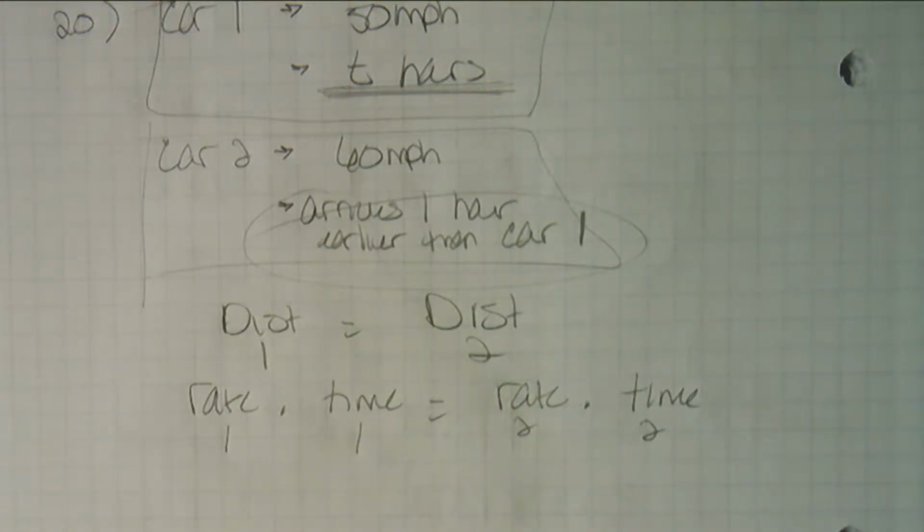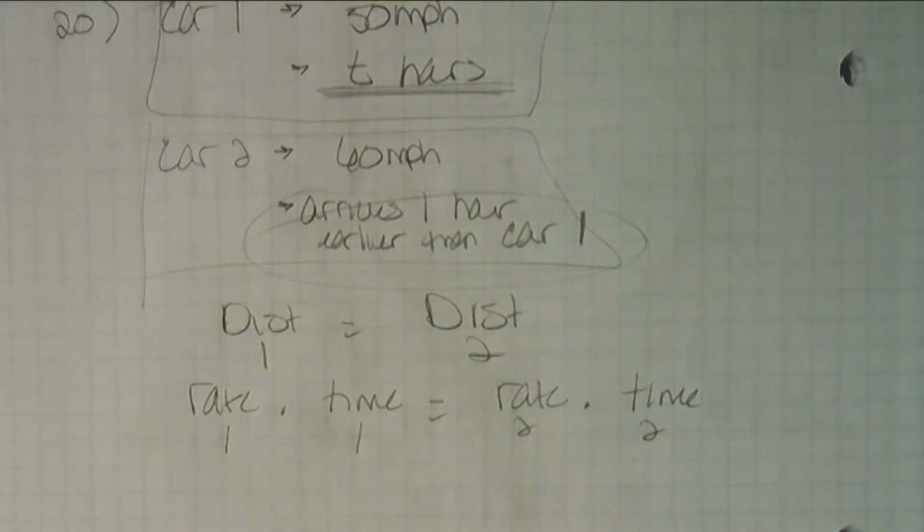1 hour. So if I know the amount of time the first car travels for, how would I find out the amount of time the second car travels for? If I know the second car arrived 1 hour before the first car, what math can I do? Sarah?